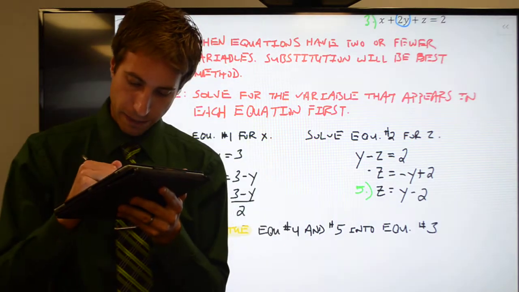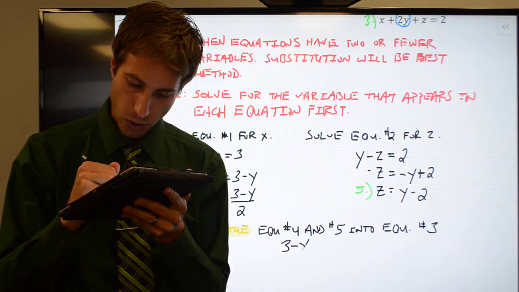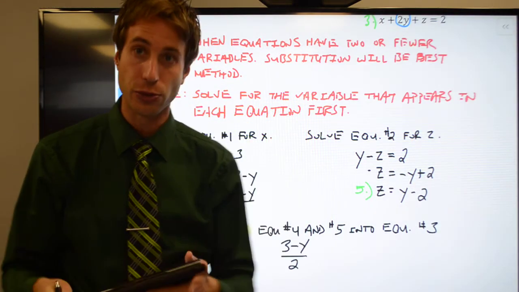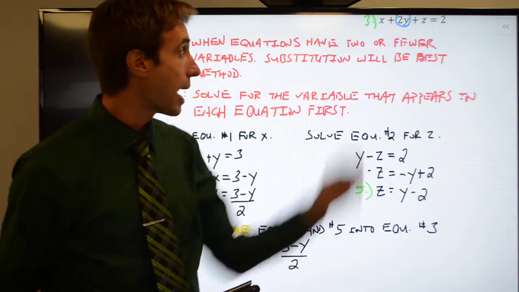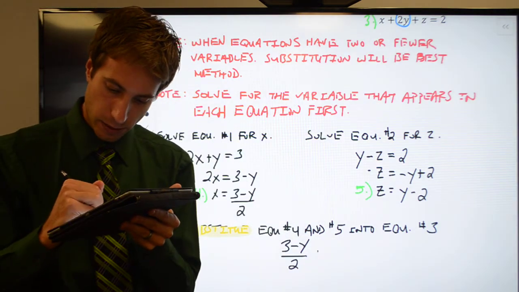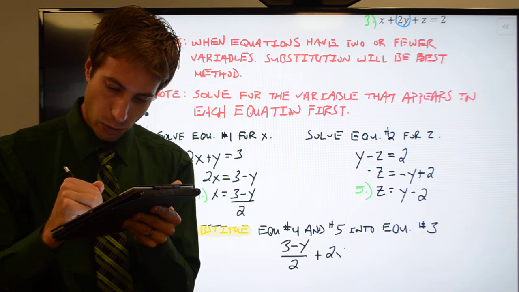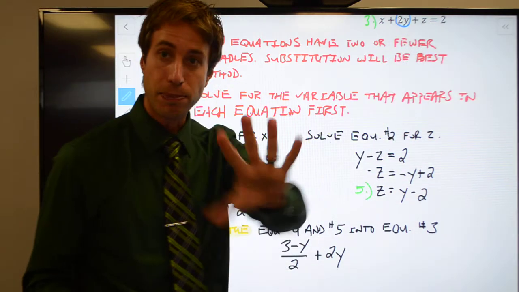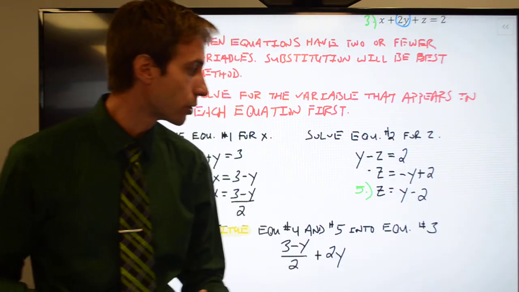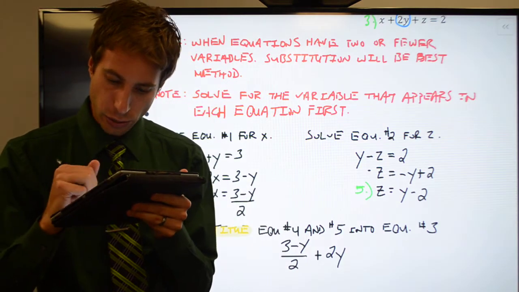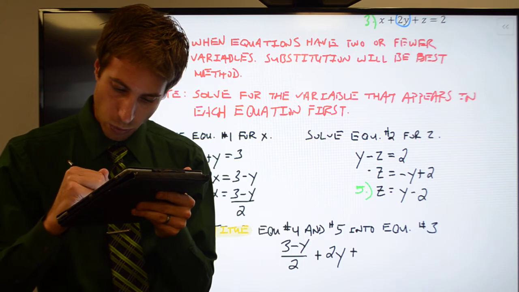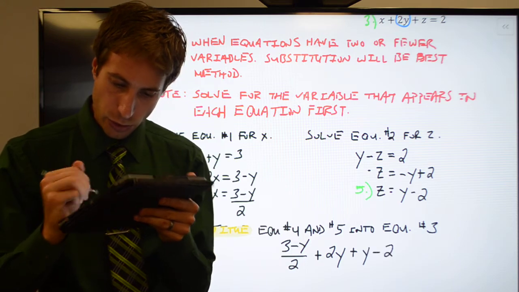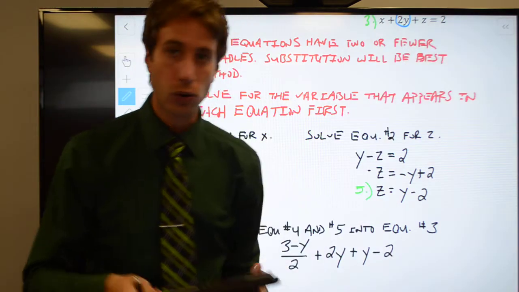I will have 3 minus y all divided by 2. That is my new x. Plus 2y, because I got the 2y. Now I have the z, but I know what z is equal to. It's equal to y minus 2. So plus y minus 2, and that is all equal to 2.